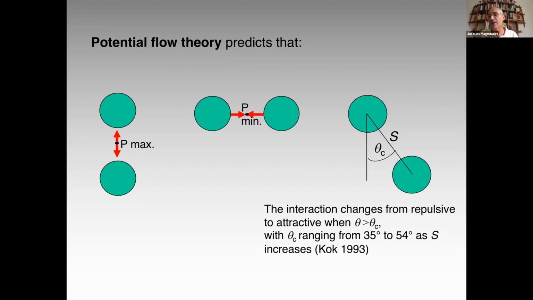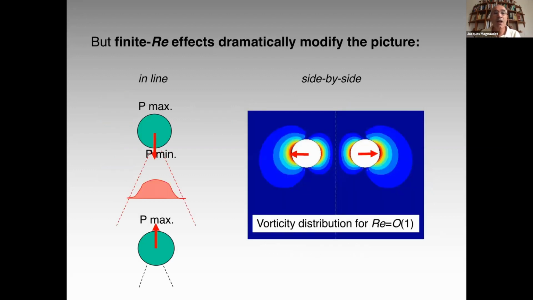Of course, there is a limiting configuration, a critical angle, beyond which the interaction shifts from attractive to repulsive, and this critical angle actually varies depending on the separation between the two bubbles. But okay, so this is a simple view based on potential flow theory.